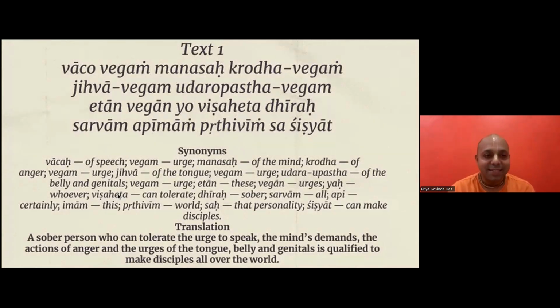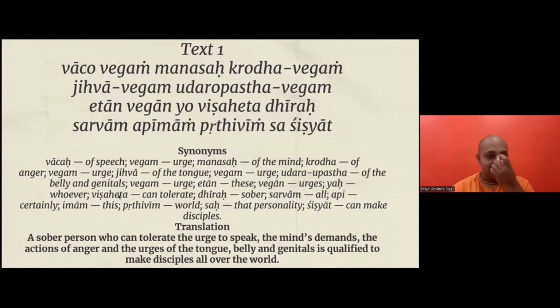He says: Vachaha, of speech; Vegam, urge; Manasa, of the mind; Krodha, of anger; Vegam, urge; Jivaha, of the tongue; Vegam, urge; Udar upastha, of the belly and genitals; Vegam, urge; Etan, these; Vegan, urges; Ya, whoever; Vishaheta, can tolerate; Dhira, sober; Sarvam, all; Api, certainly; Imam, this, the twin world; Saha, that personality; Shishyat, can make disciples.